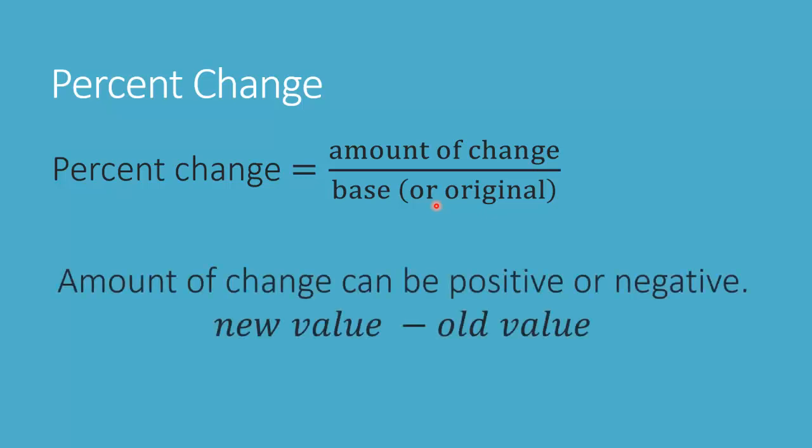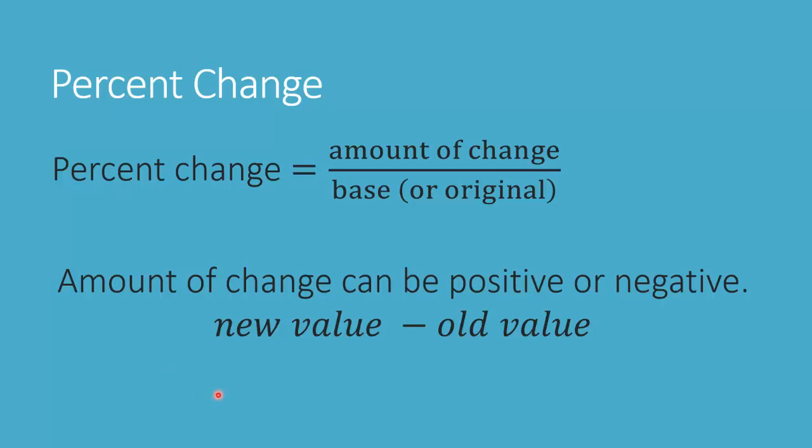Now, this amount of change can be positive or negative. It's always the new value minus the old value. That's how much it changed. It could be that it went up, so it could be that it went from 100 to 110. That means you had an amount of change of 10.